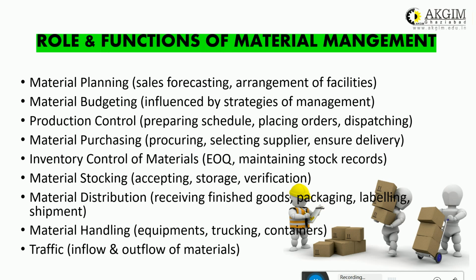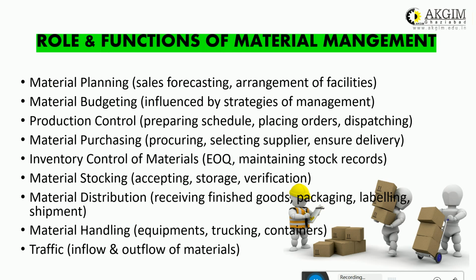Let's come to the role and functions that material management performs. Number one is material planning. So, sales forecasting and arrangement of facilities are the concern of material management. Budgeting is influenced by the strategies or policies made by the management.